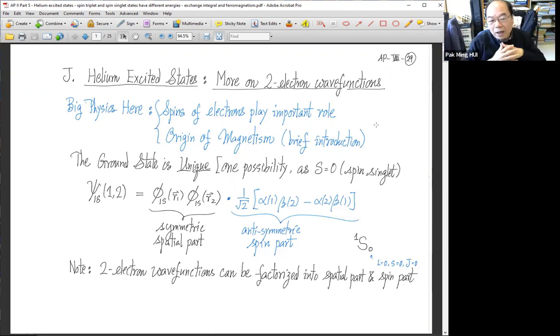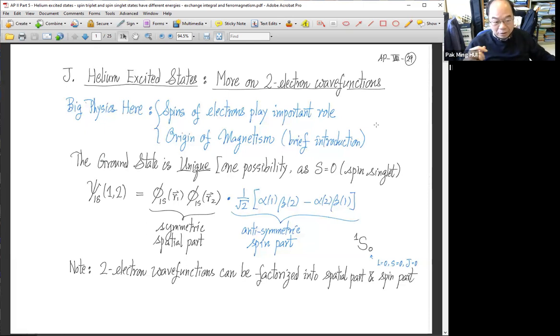Again, let's think about what's going on. We may be thinking about putting one electron, in the independent particle picture, into 2s. So we have a situation of one electron in 1s, another electron in 2s. That will be an excited state of helium. The question is, how can we write down the correct wave functions of this two electron system?